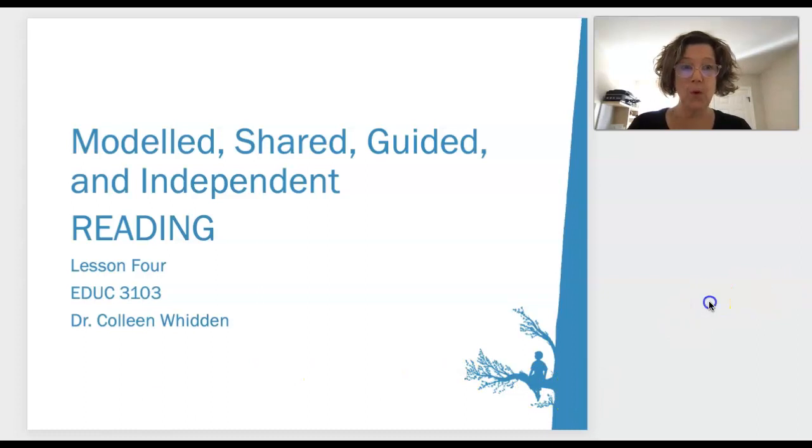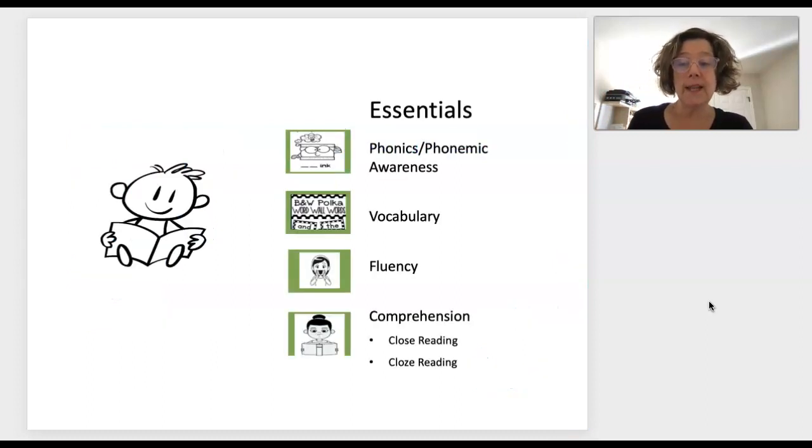But just before we jump in, I think it is imperative at this point, as we're starting to talk about some strategies and as you are starting to plan your lessons, that we look at some of these essentials in a bit more of a particular manner. So basically we have phonics and phonemic awareness, vocab, fluency, and comprehension.